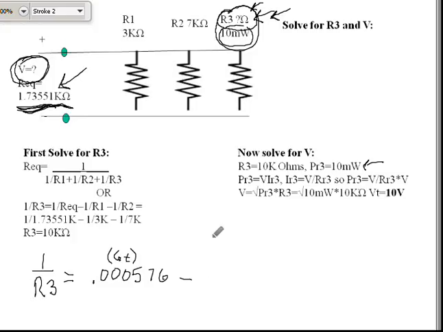Now I'm going to subtract the other known resistors' conductances. So, where's my calculator again?